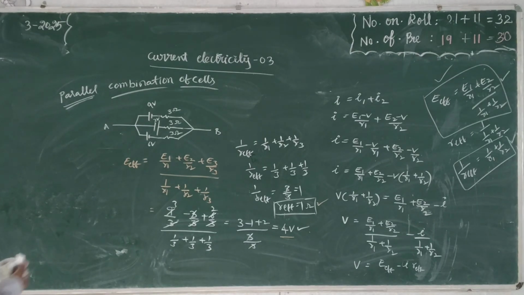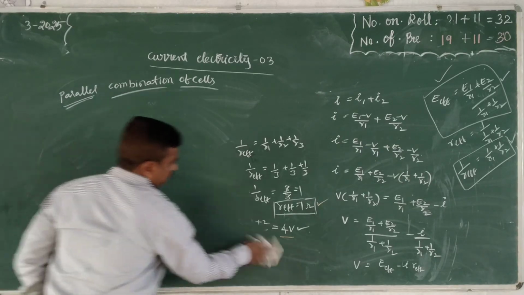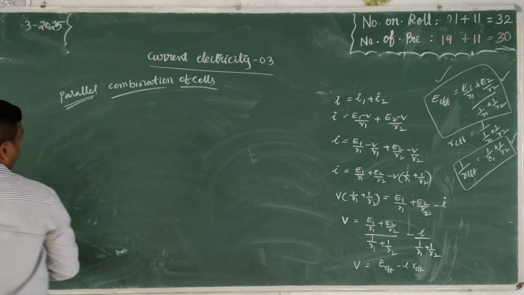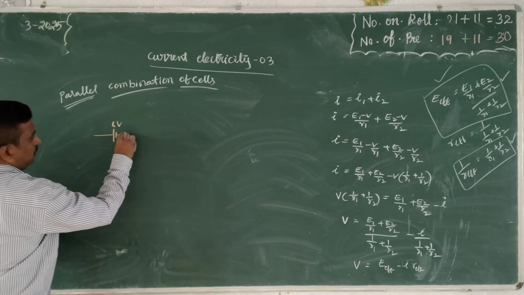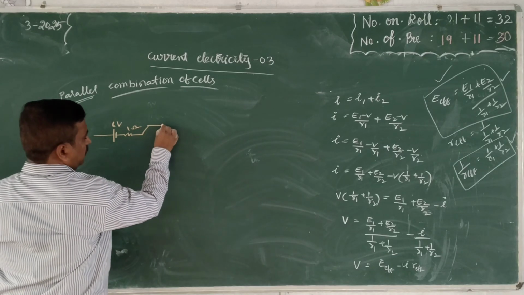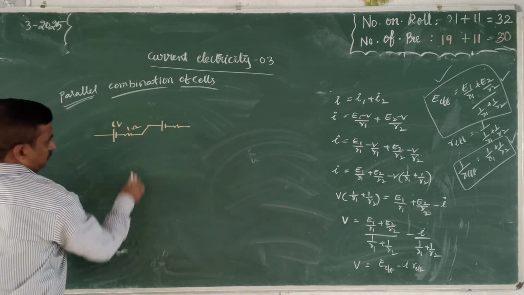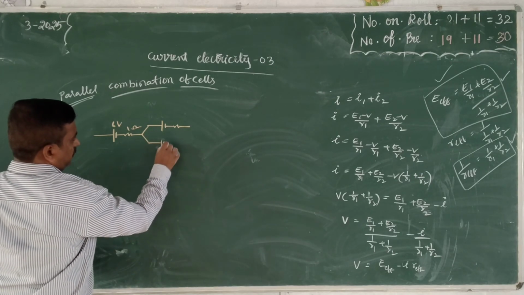See one more problem. For example, say here it is 6 volt, its internal resistance is 1 ohm. Sorry, the polarity is reversed here.